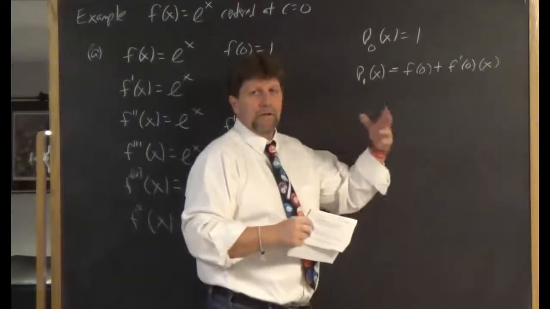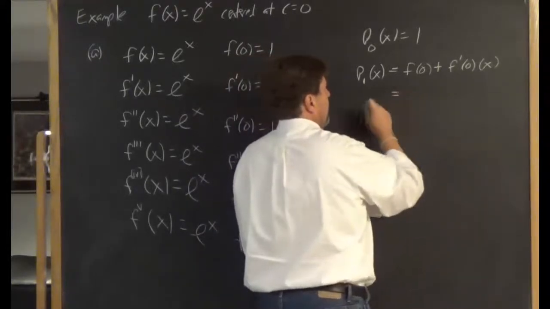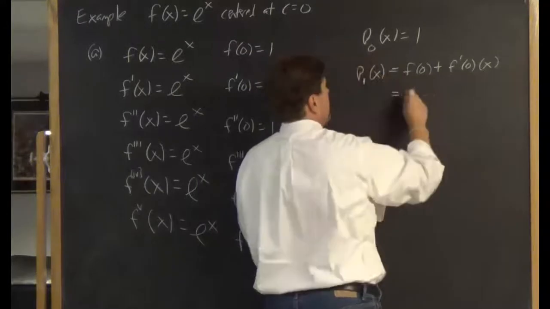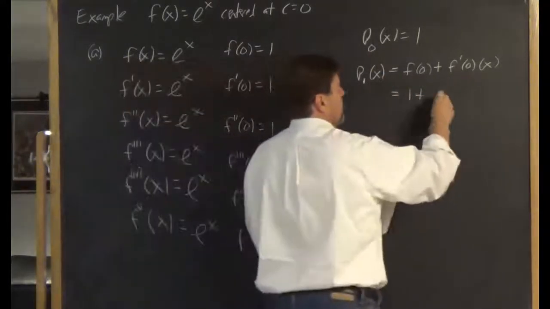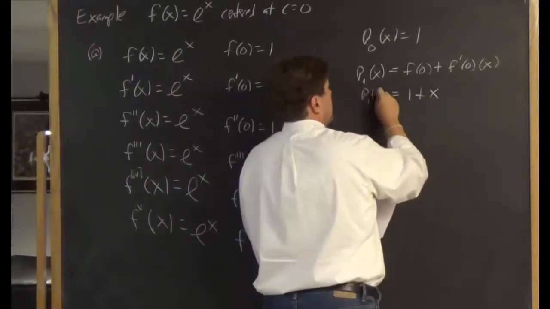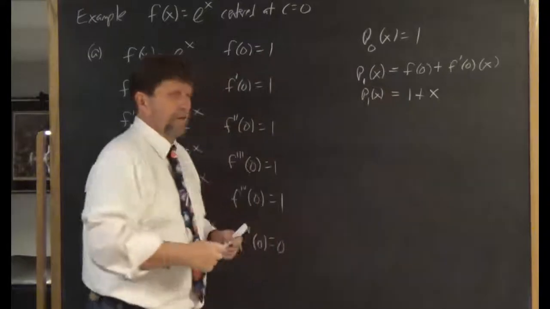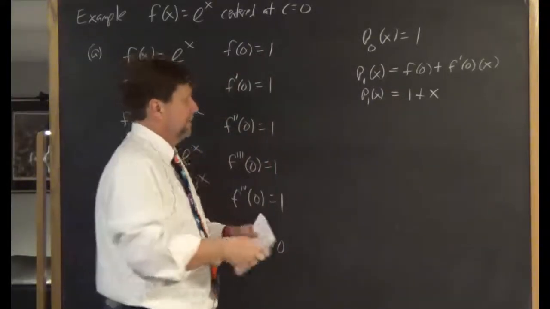Well, c is 0, so x minus 0 is just x. So the polynomial of order 1 is f of 0, which is 1, plus f prime of 0, that's 1, times x. It's a linear polynomial, linear function.